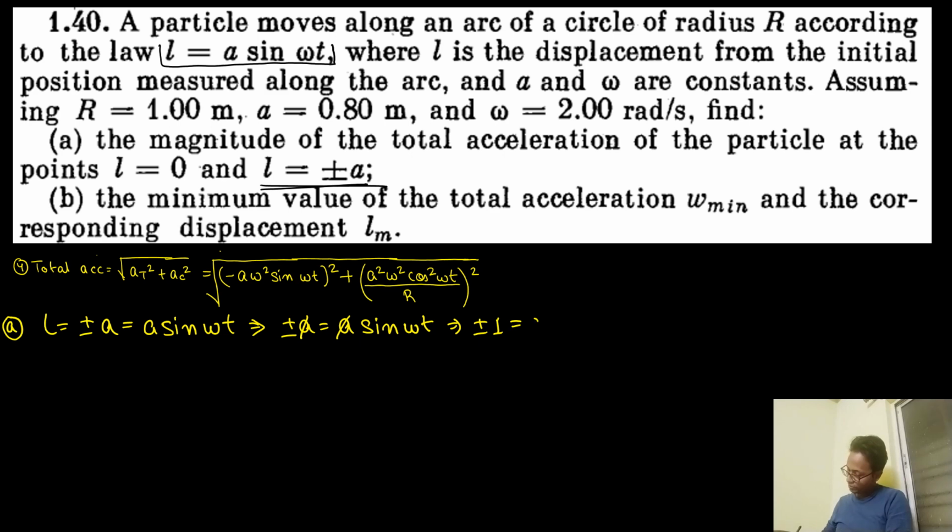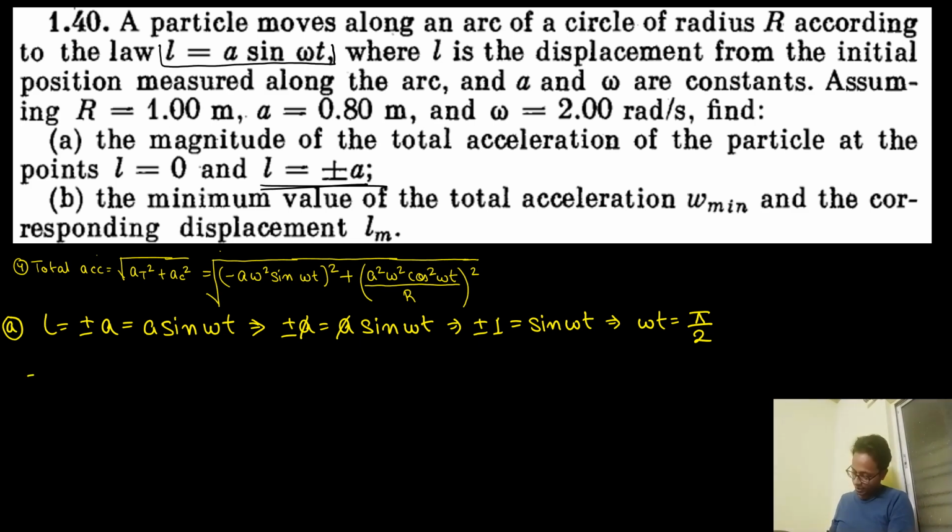The value of 1 is nothing but sine pi by 2, so omega t is equal to pi by 2. Or for minus 1, it can be minus pi by 2. Plus minus pi by 2, it doesn't matter. Even at plus pi by 2 cos is 0 and at minus pi by 2 cos is 0, so it will not matter out there.